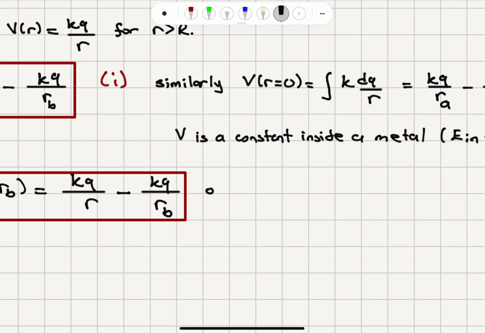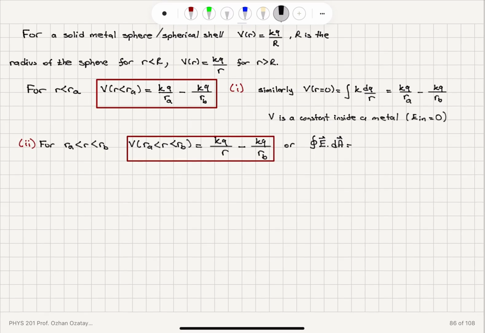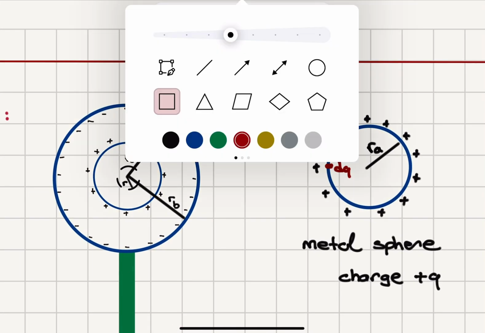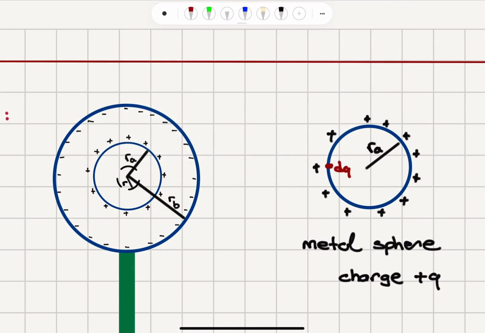Or I can say, if I write Gauss law, closed surface integral E dot dA. In this region, what is the charge enclosed by a spherical surface? So if I consider this Gaussian sphere in this region, so let's make it bigger.